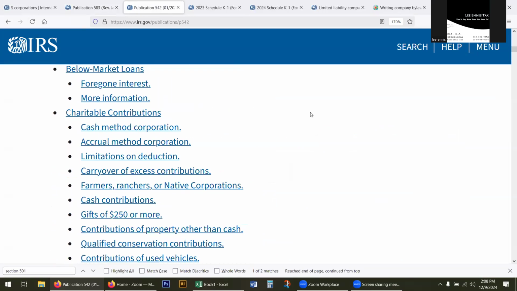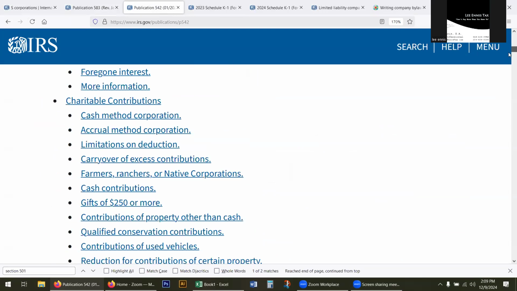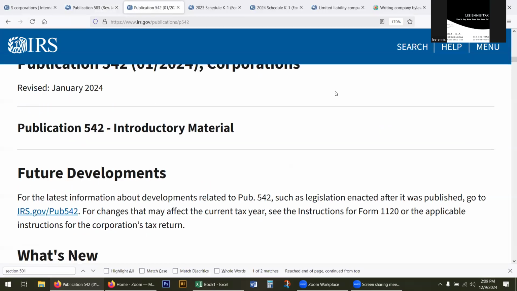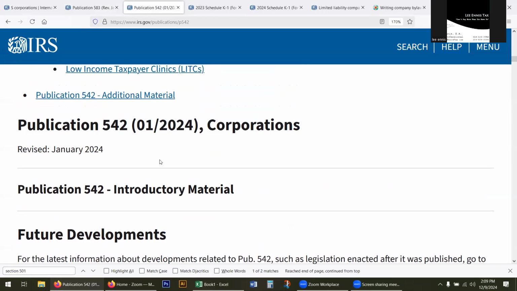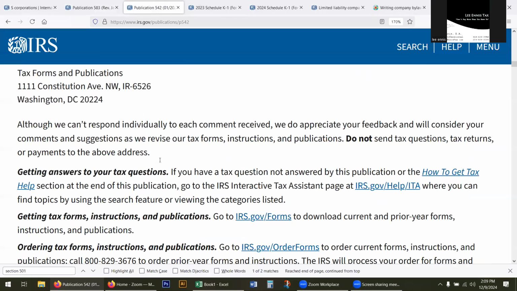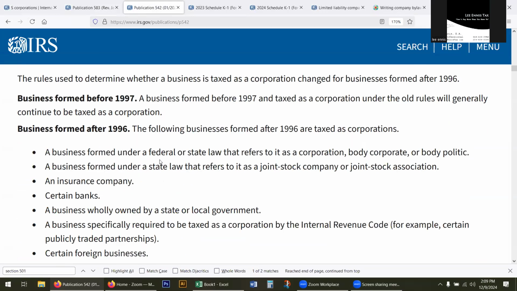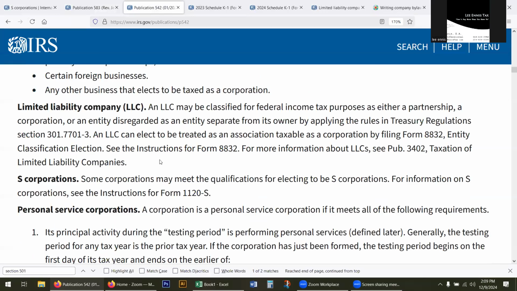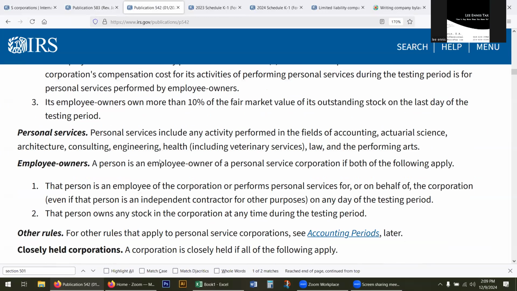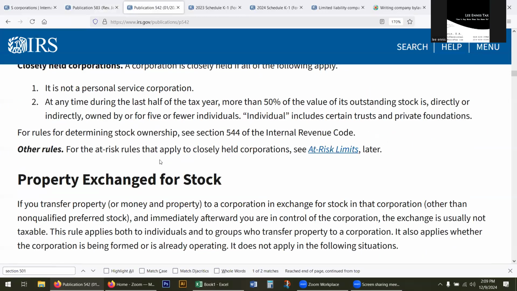The other thing I want to go through is IRS Publication 542. It is literally just titled Corporation. This is everything you can think of concerning corporations and the IRS.